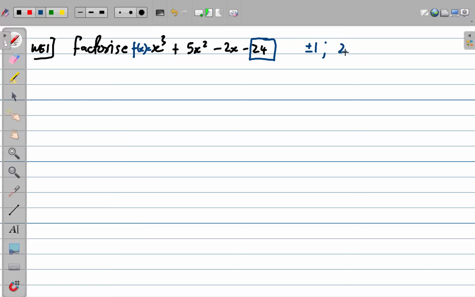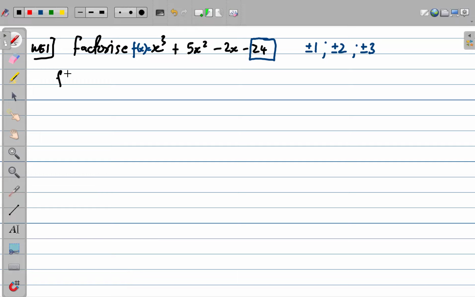If 2 is a factor of 24, you will test positive 2 and negative 2. If 3 is a factor of 24, you will test positive 3 and negative 3, and so on. So let us actually do that testing.